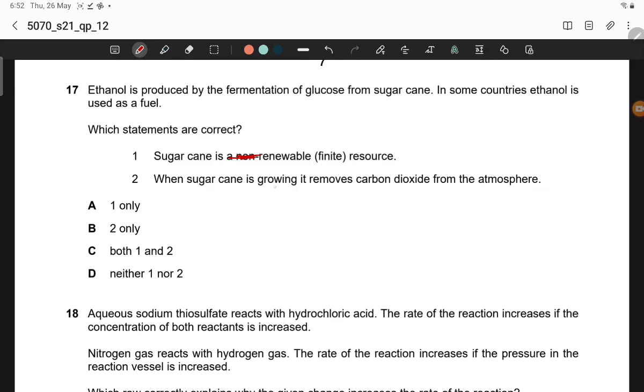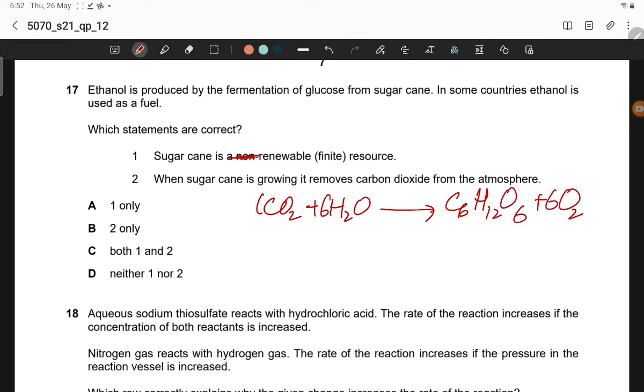So this is correct, because when it is growing, carbon dioxide and water are used in photosynthesis, which is the food making process in plants. So sugarcane is a plant, so it removes carbon dioxide from the atmosphere. So this option is correct, this is incorrect. So 2 only is correct option.